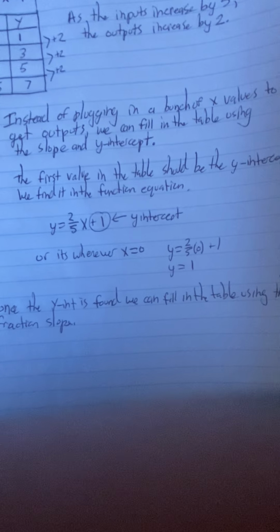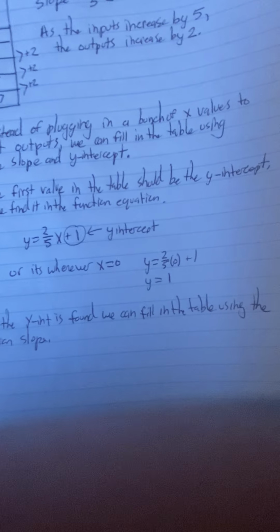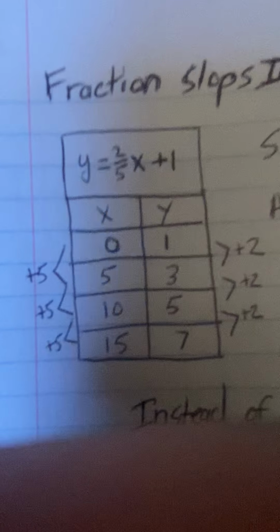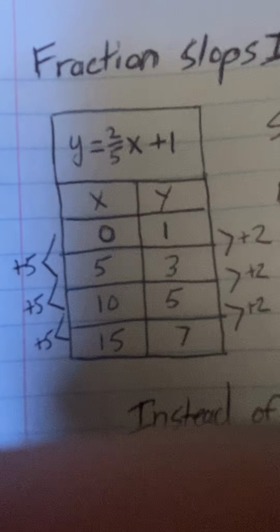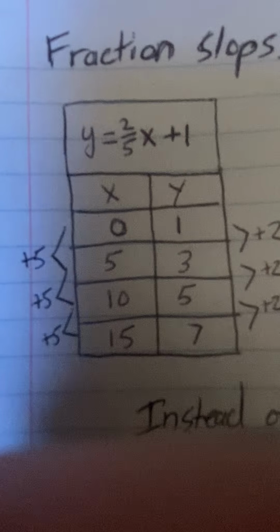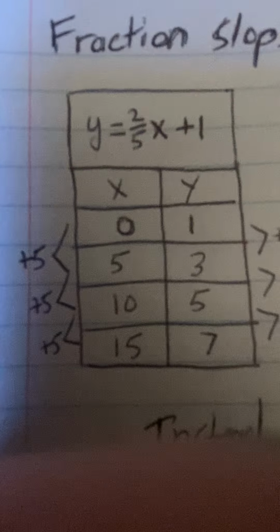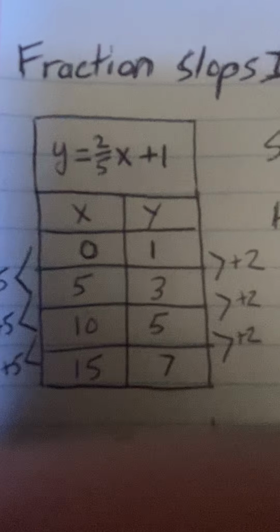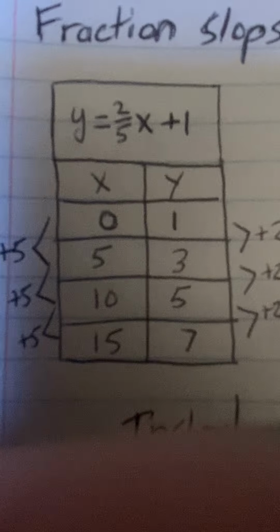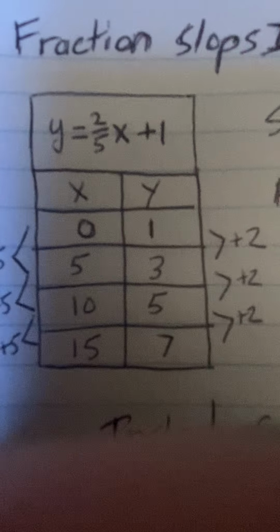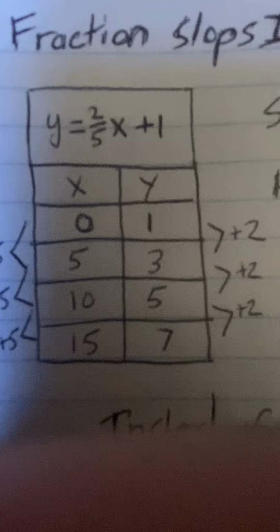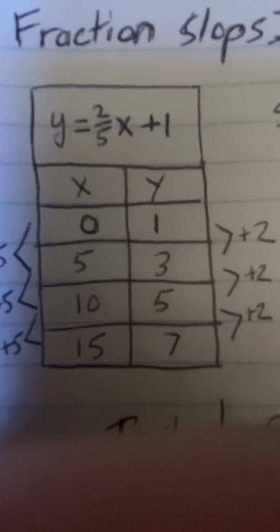Once the y-intercept is found, we can fill in the table using the fraction slopes. Okay, so we fill in the y-intercept, 0, 1, and now we know the inputs are increasing by 5. So 0 plus 5 is 5, 5 plus 5 is 10, 10 plus 5 is 15. Okay, and now the outputs are increasing by 2. So 1 plus 2 is 3, 3 plus 2 is 5, 5 plus 2 is 7.